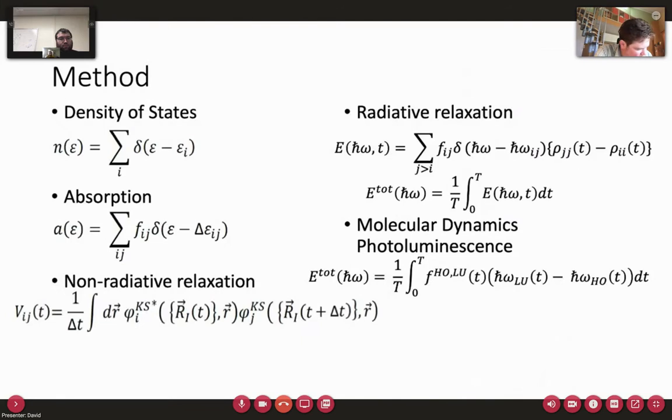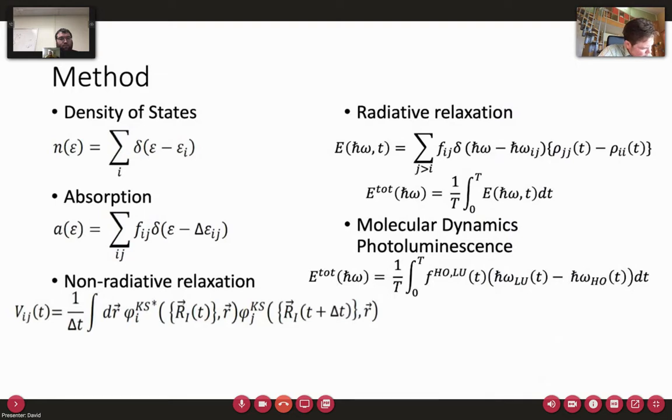And then my second question is the connection between your non-radiative relaxation and your radiative. So in your radiative relaxation equation, you have those rho JJ and rho II terms. What are those, and how do they relate to the non-radiative relaxation part?